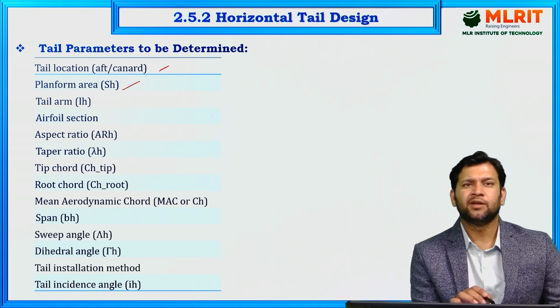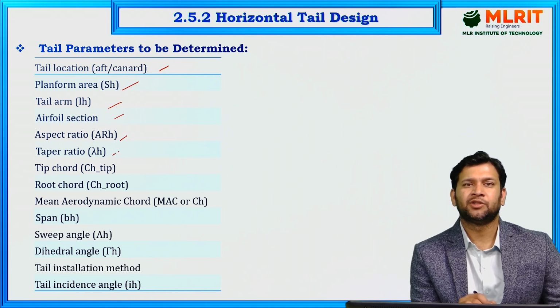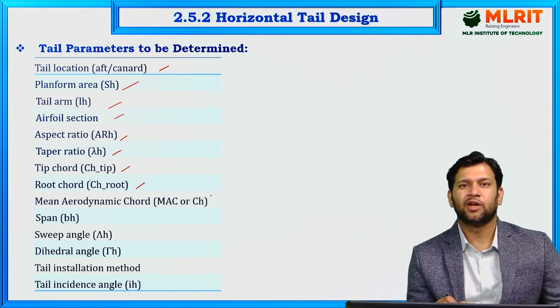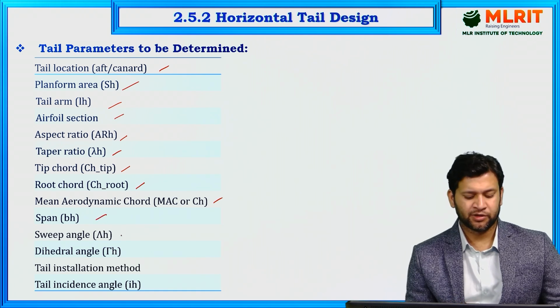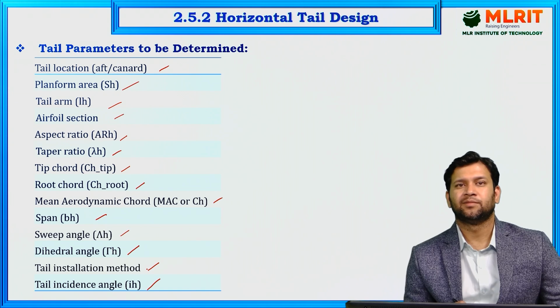Then planform area, tail arm, airfoil section, aspect ratio of the horizontal tail, taper ratio of the horizontal tail, tip chord of the horizontal tail, root chord of the horizontal tail, mean aerodynamic chord of the horizontal tail, span of the horizontal tail, sweep angle of the horizontal tail, dihedral angle of the horizontal tail, tail installation method, tail incidence angle. These are the few parameters which are to be determined when we are working with the horizontal tail design.